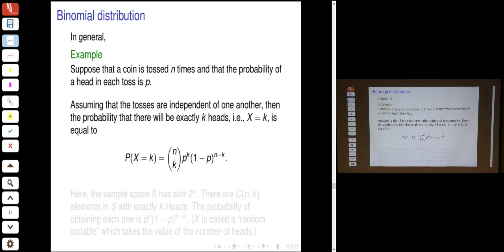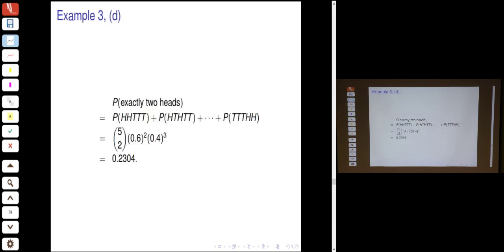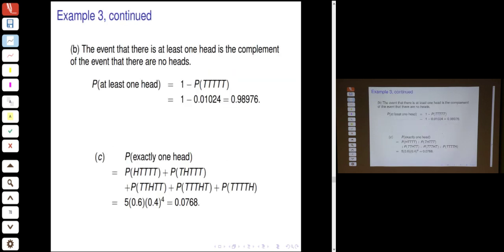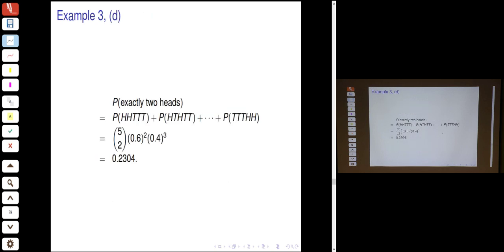Assuming that the tosses are independent, the probability of exactly k heads has a formula. You already see the pattern in the early example. We calculated the probability of exactly one head, and exactly two heads. Then you may ask yourself, what about the probability of exactly 3 or 4?